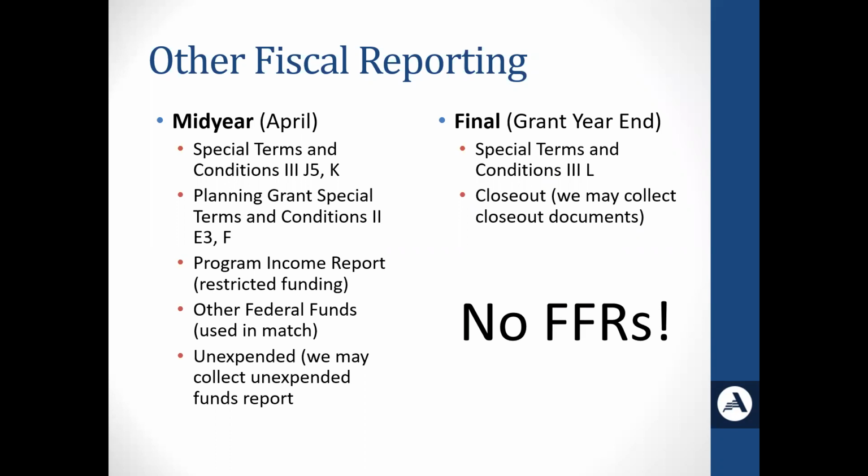We may be collecting closeout documents, which will basically be, if we collect them, a certification of inventory on the off chance you have more than $5,000 worth of inventory from this grant left over. We'll need to get a report on that. Doesn't happen very often.